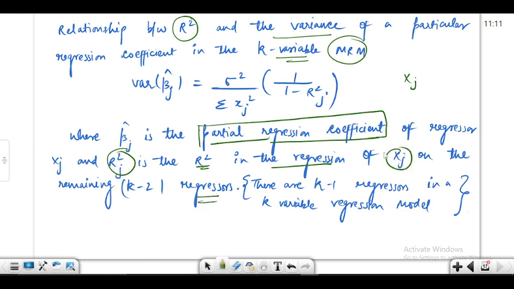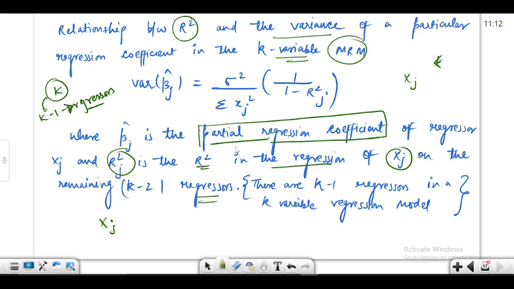So if you regress xj on the others: in the k variable regression model, there are k minus 1 regressors. If I regress xj on the remaining x variables, I have k minus 2 regressors remaining.